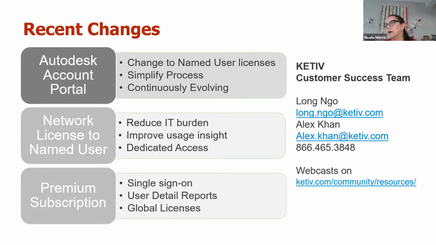This will give you more insight into how much of your product is being used, and also give those people dedicated access. You should not have engineers launch software and not have a license so they can't do their work. That just doesn't make any sense, and it happens more than it needs to. So having dedicated access is just more productive in general.